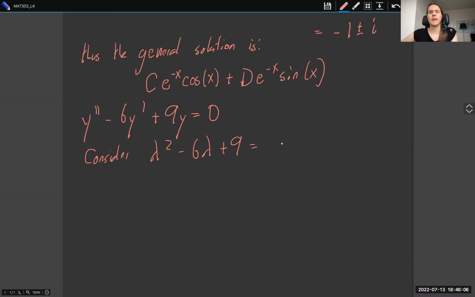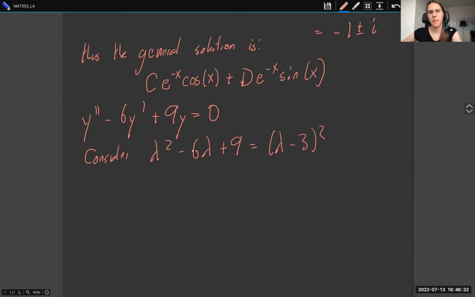And can anyone see how that factors? Lambda minus 3 squared. Yeah.